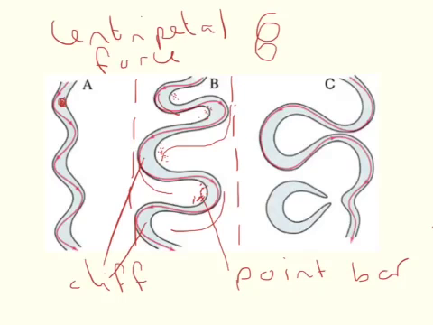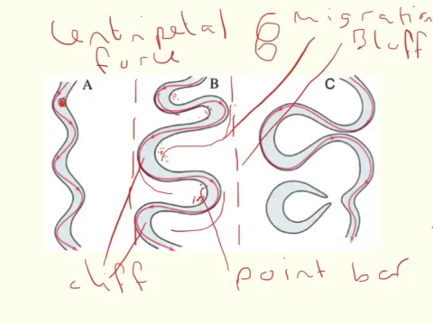You're going to have meander migration occurring here, meander migration. You're going to end up with your floodplain, which is going to be in these areas here, and you're also going to end up with a bluff line, which you can see here.